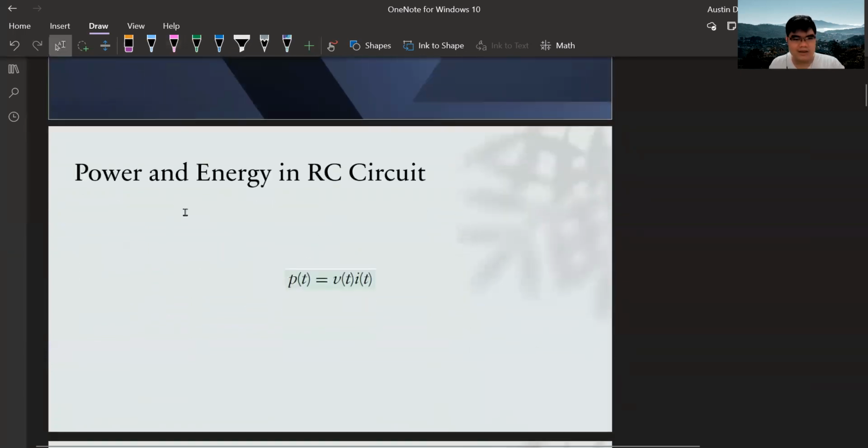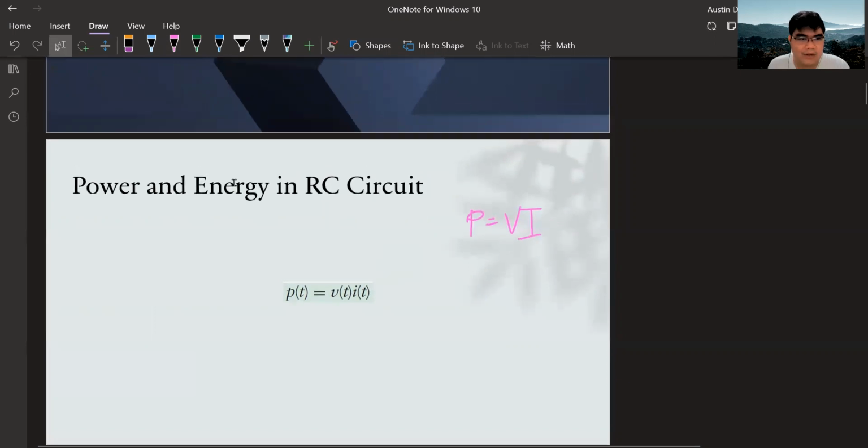So, kung maiisip natin, at some certain point in time, let's say time t, alam natin that the equation P is equal to VI must hold. Okay? So, ganun pa rin. Wala namang bago na the power is just multiplication of V times I. However, this time around, kailangan lang natin na yung power at time t must be equal to the voltage at time t times the current at time t.